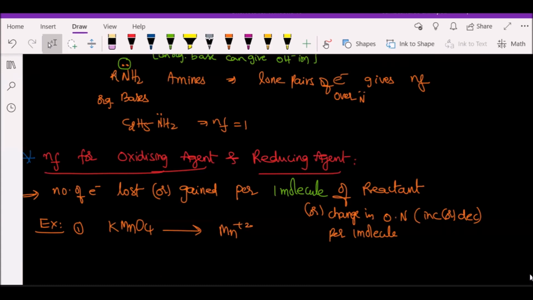Per one molecule, that you should highlight. For one molecule of reactant, it will be defined. So the number of electrons lost or gained per one molecule of reactant, or the change in oxidation number per one molecule of reactant, is called N factor.